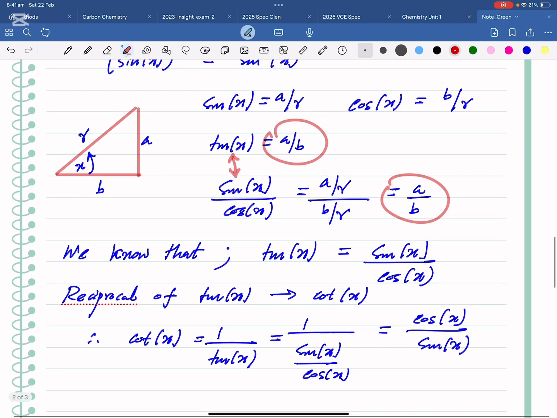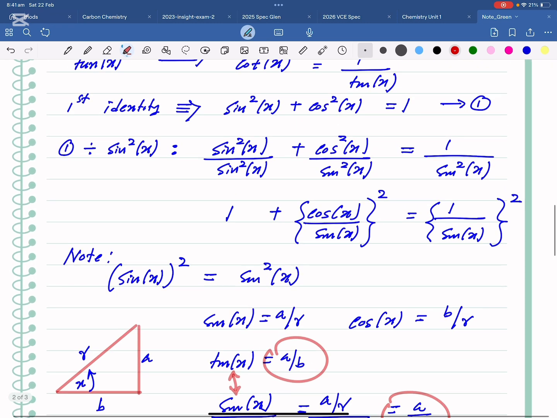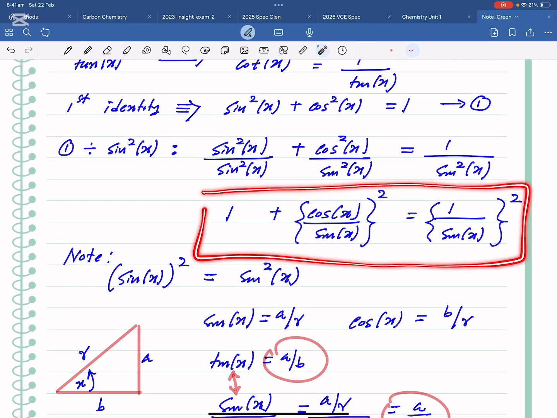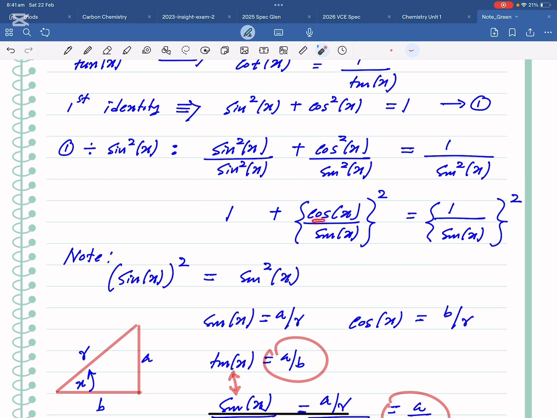So now we go back to our simplification here. So I was here, right? Now you can see cos divided by sin here. Cos divided by sin, you understand this is cot. 1 divided by sin is going to be cosec.